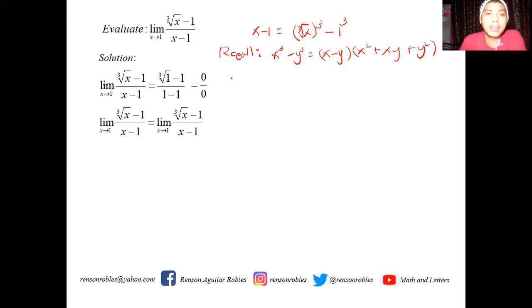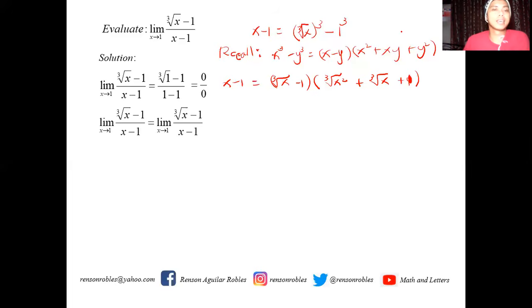So we have x minus 1 is equal to, where x is represented by cube root of x and y is represented by 1. Okay, so you have cube root of x minus 1 times x squared, so you just square this. So that's cube root of x to the second power plus you multiply these two, cube root of x, and then you square the second term. So that's 1.